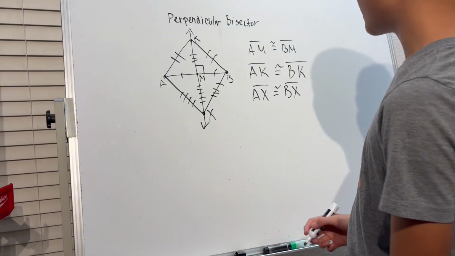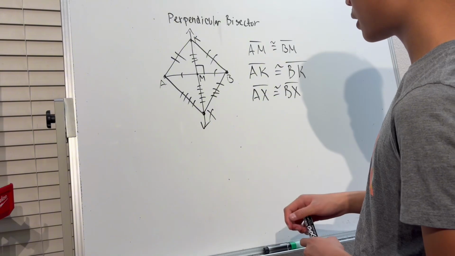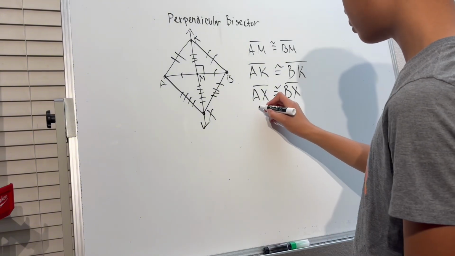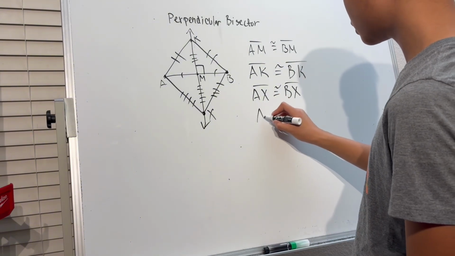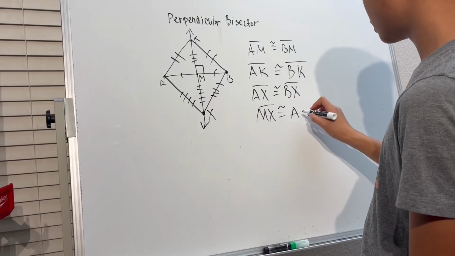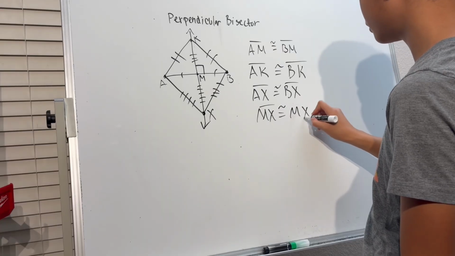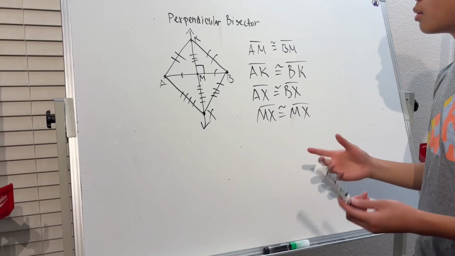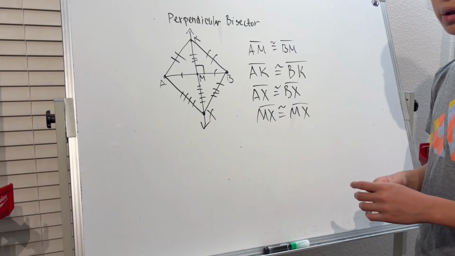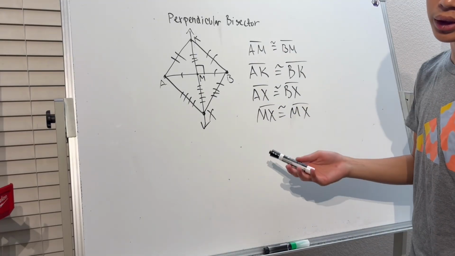And AM is congruent to BM. And MX is congruent to MX because it shares the same side. That's it for the perpendicular bisector theorem and why it is a perpendicular bisector. You know what I'm saying?